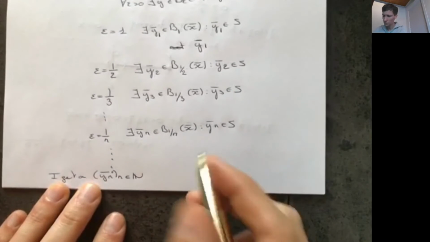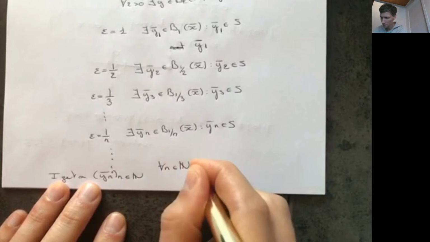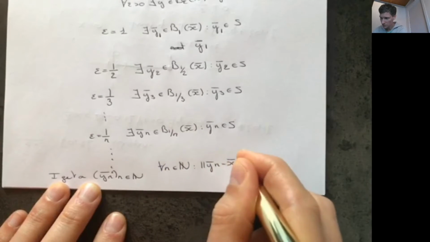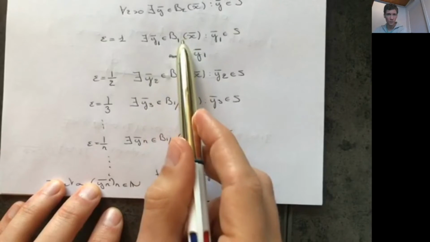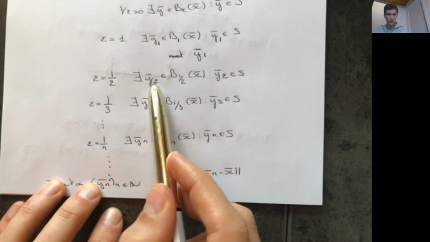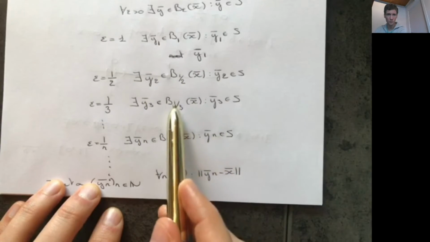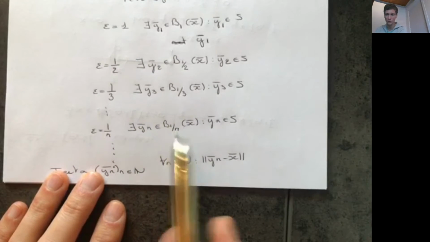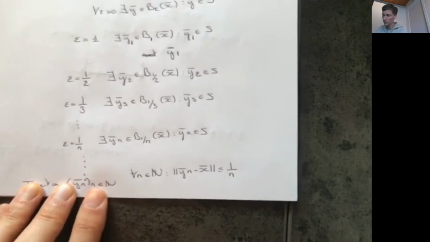And what do I know about the sequence? Well, for all n, the distance between yn and x: the distance of y1 is smaller than 1. The distance from y2 to x is smaller than 1/2. The distance from y3 to x is smaller than 1/3, and in general, the distance from yn to x is smaller than 1/n.